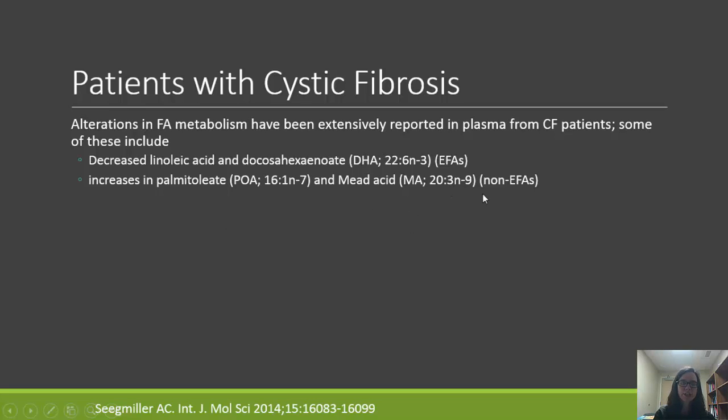So basically what you need to know is that these patients are replacing their essential fatty acids with non-essential fatty acids.